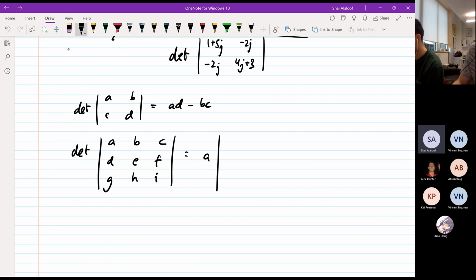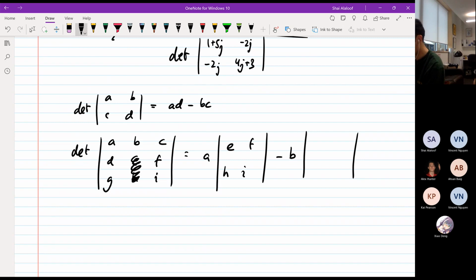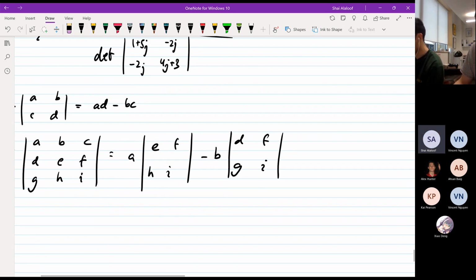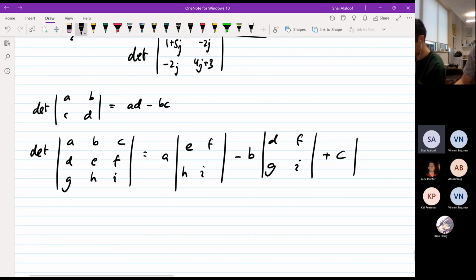It's A times the determinant of E, F, H, I, minus B times the determinant of this matrix D, F, G, I, plus C times the determinant of this matrix D, E, G, H. You can Google these, so don't worry about memorizing it right now.